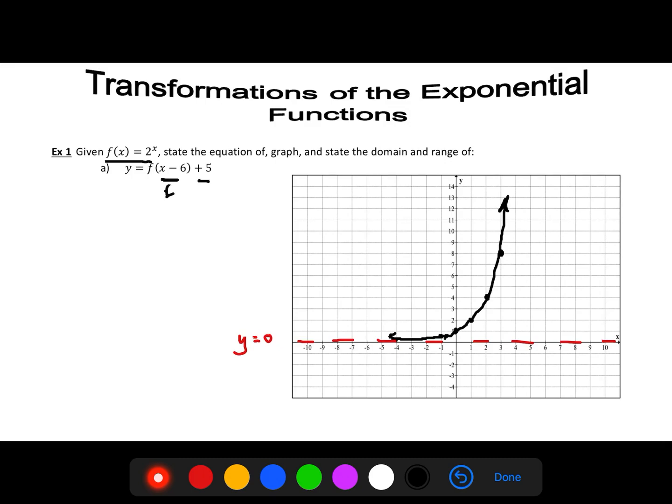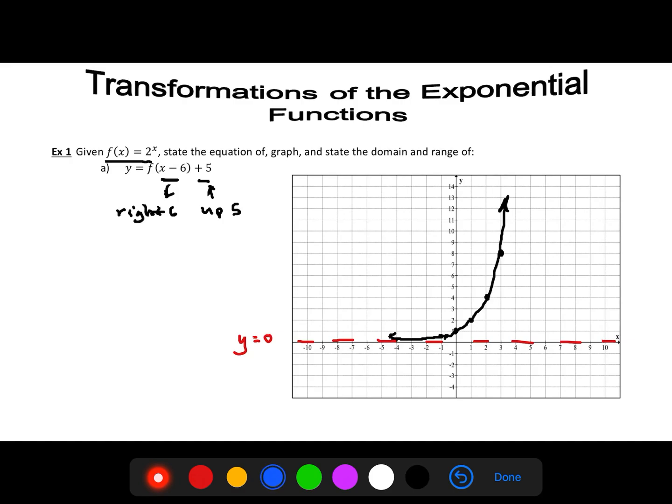In our function notation, anything inside with x is going to shift left or right. Remember, if it is -6 in there, it was a positive value that went in, so the whole thing is going to shift to the right 6 units. The +5 at the end shifts up or down, and a positive value means it's going to go up 5 units.